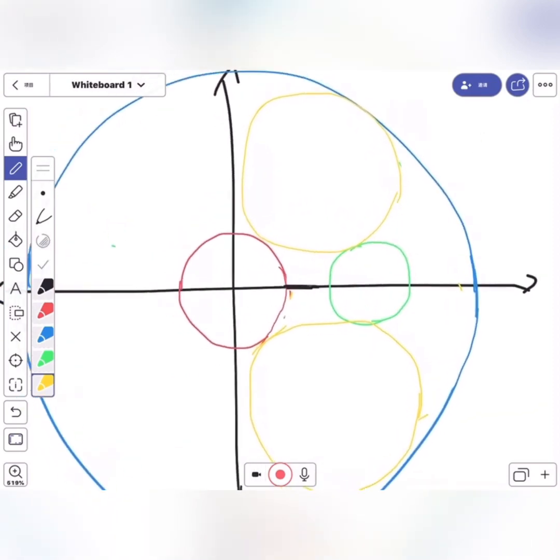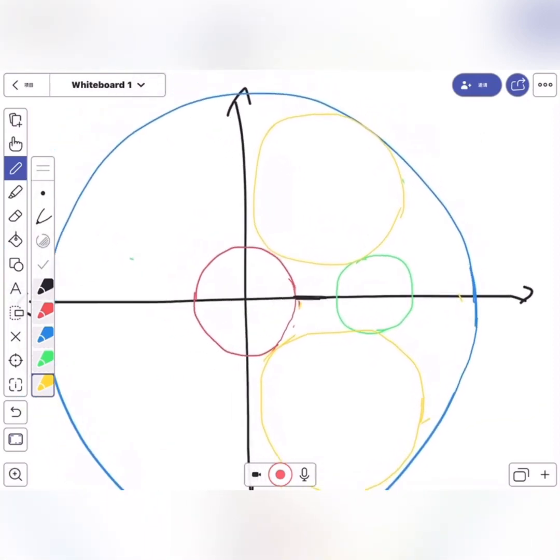Now we can have one circle that's internally tangent to the blue circle and externally tangent to both of the circles. What are other cases? Well, we can also have a large circle that encompasses both of these circles.